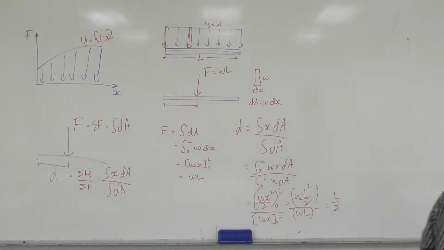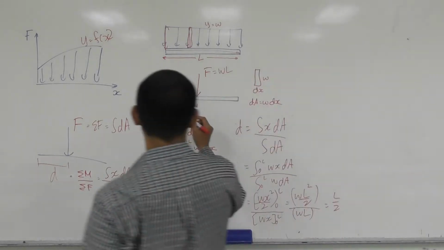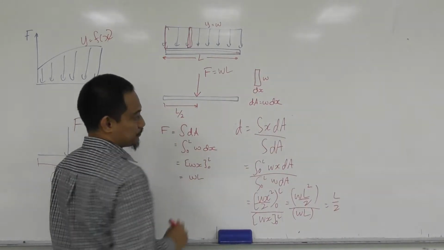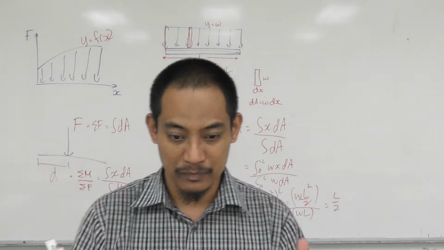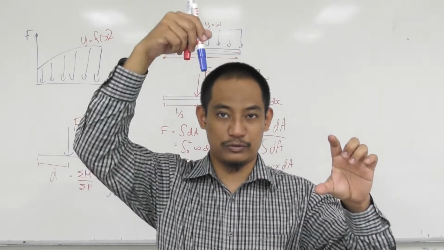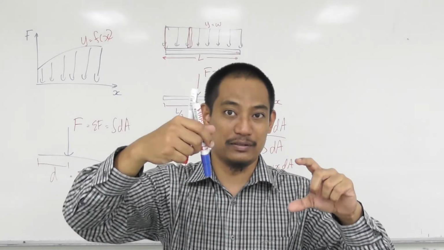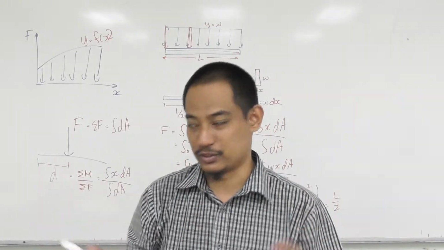Is it still in the frame? Yeah. You get L over 2. Basically it's halfway. Logically you should be able to tell also: if you have a rectangle, where should the force act? It should be at the middle, then it's a balanced position.